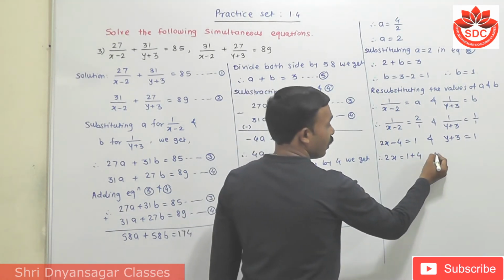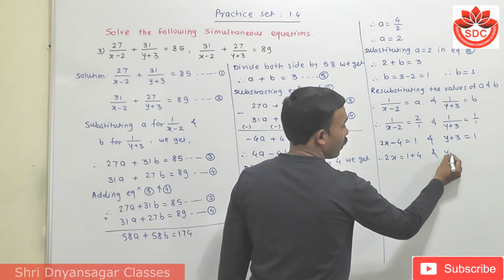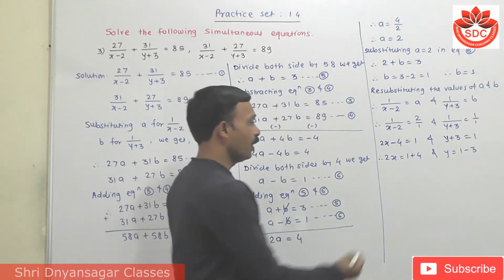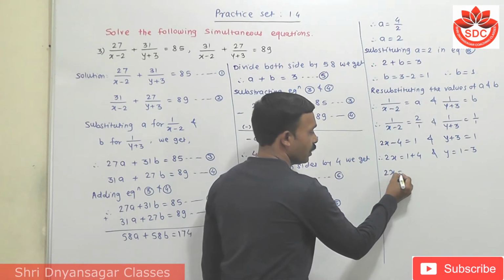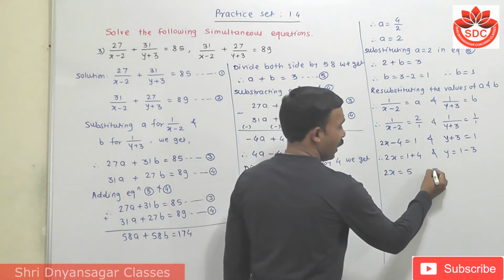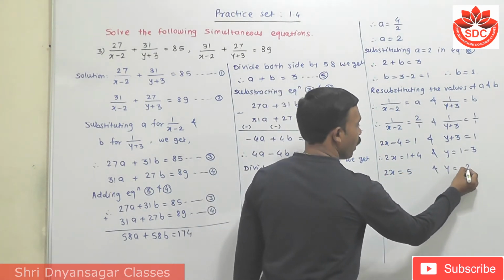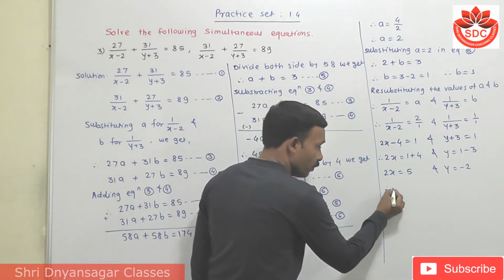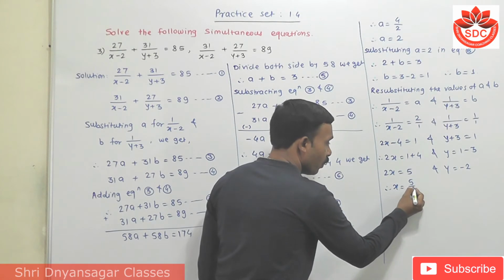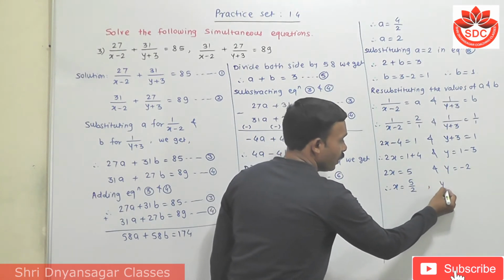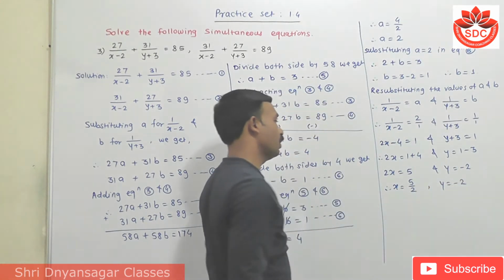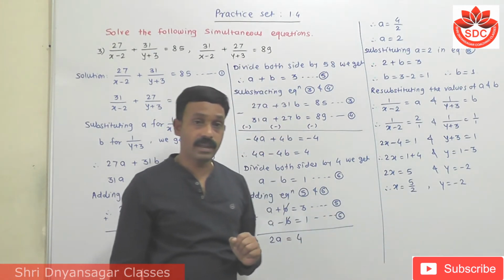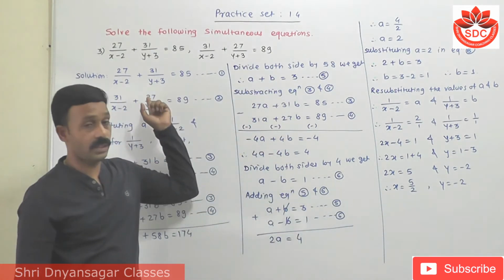Then here y = 1 - 3. Addition becomes 2x = 5 and y = -2. Then again this 2 goes to the denominator, therefore x = 5/2 and y = -2.